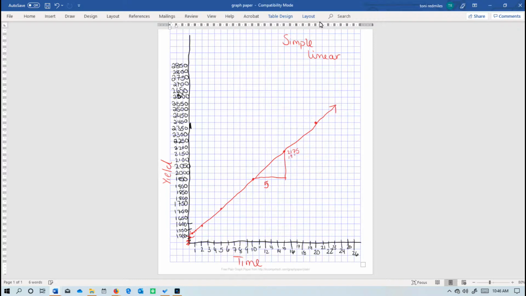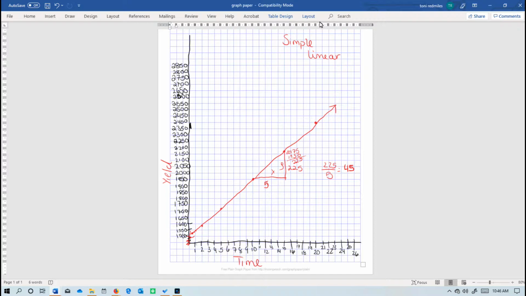So I could figure out the slope of this line fairly easily. It's 225. So the slope of this line is my y over my x, which is 225 over 5, which equals 45.